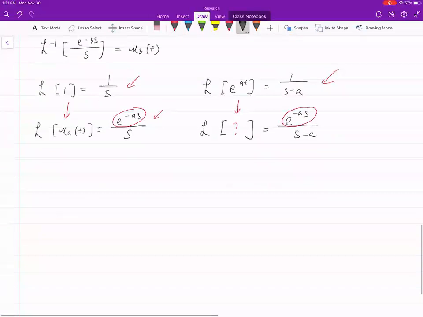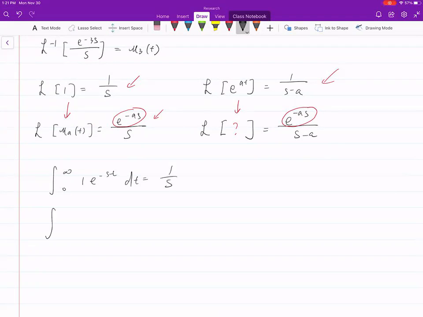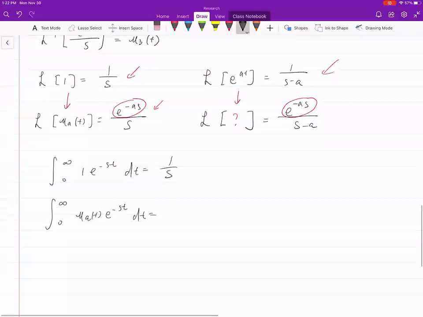How did we do these two? Well, the first one is this. Okay. E to the negative st dt. That's how we got 1 over s. The second one, what did we do? We did this. Okay. Now, if you just keep going, how did we get this again? Well, technically, we did negative 1 over s.